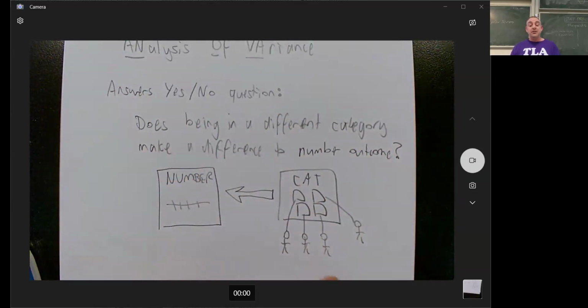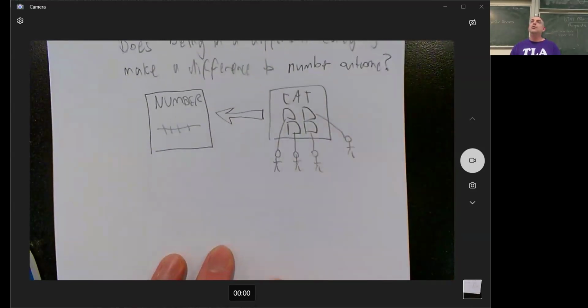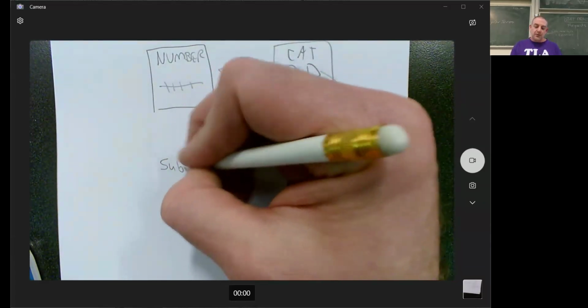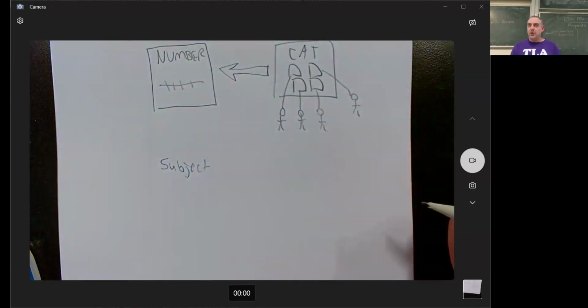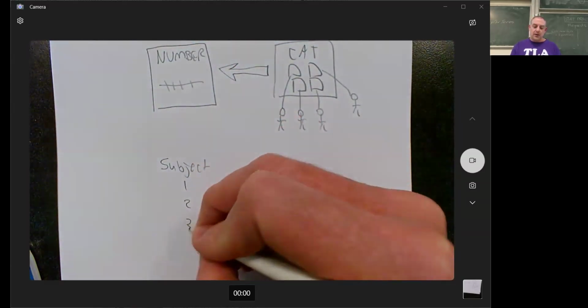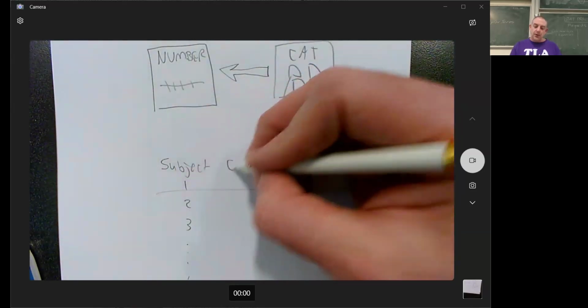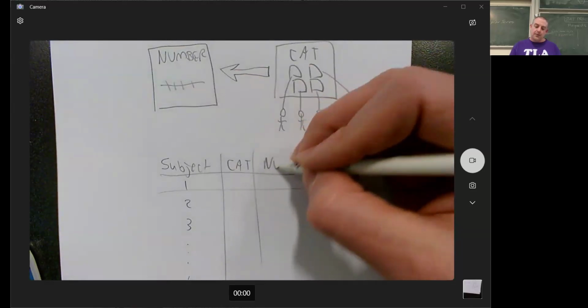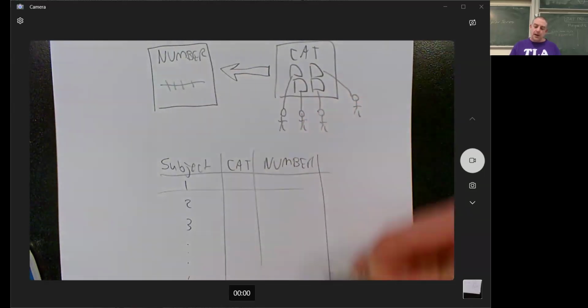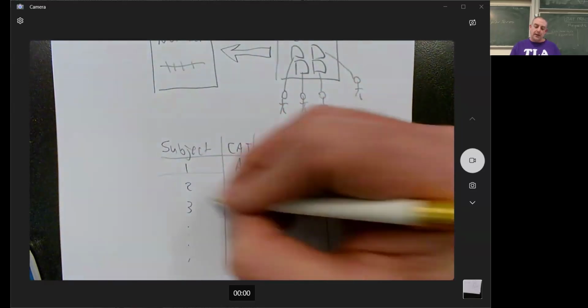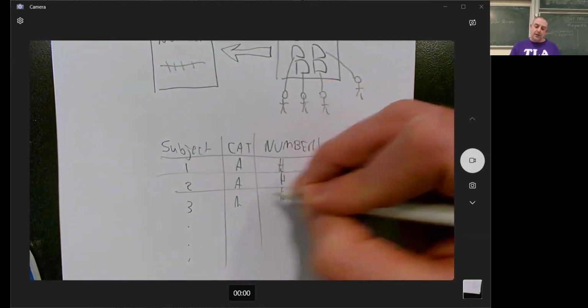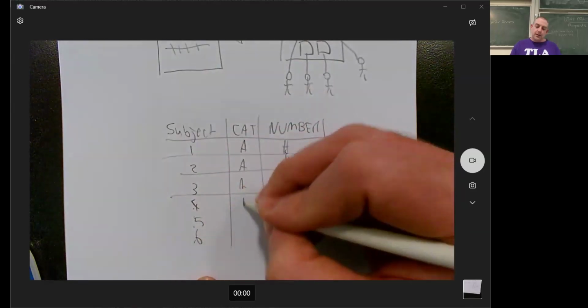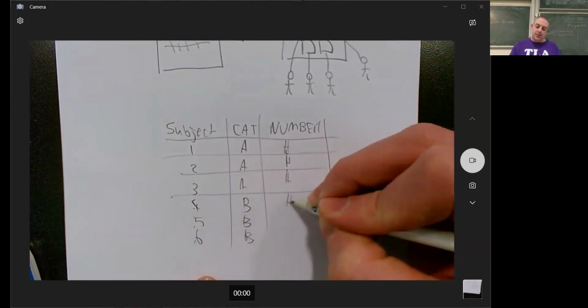Your data will have a list for each person, or pig or cat or petri dish or school or whatever they are. It will have your subject, which is the person or object that's under study, and it'll be like this. And then it'll have what category they're in and what the number is. And it'll look like this. So like A, and there'll be numbers here, and then B, and there'll be numbers here like this.